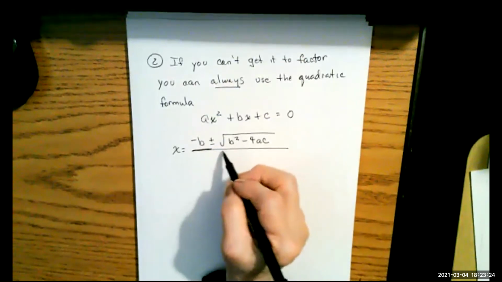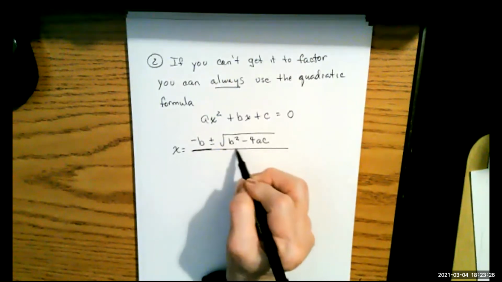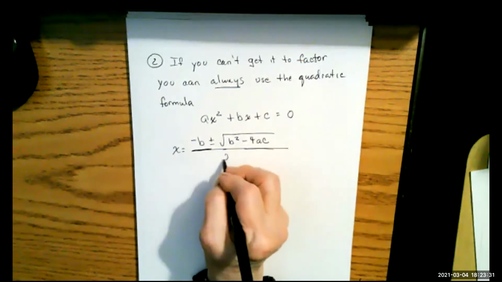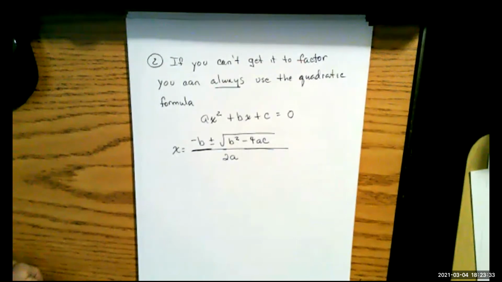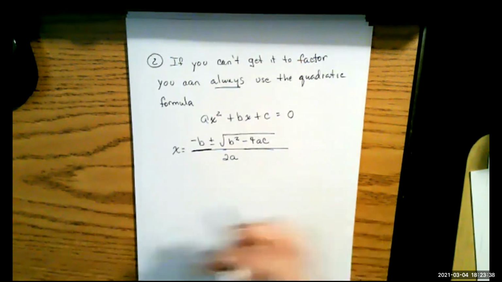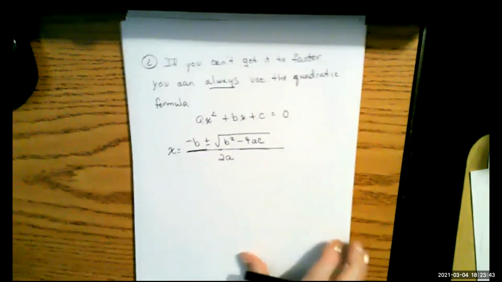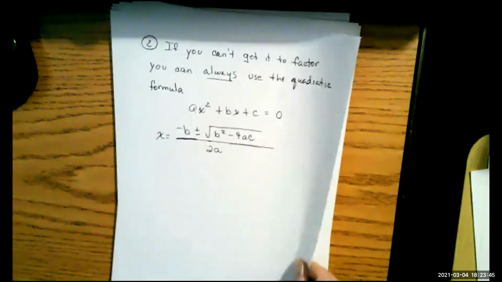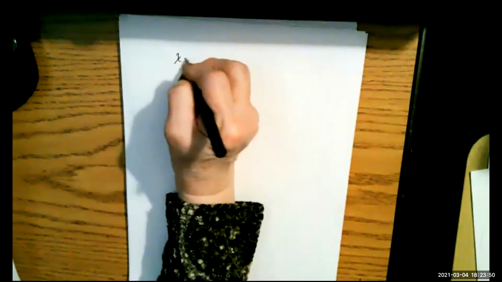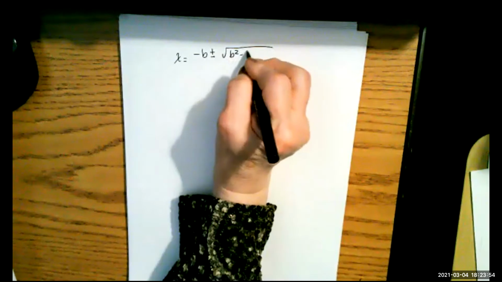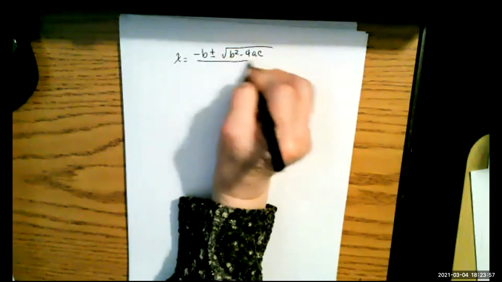A lot of my students want to just draw their line over the square root part, and you don't want to do that. You want to draw it over the whole thing. And it's 2a on the bottom. Now, make sure that when you substitute values in, you use parentheses. So let's look at one of these and see if we can do it. I'm going to rewrite my quadratic formula up here: negative b plus or minus the square root of b squared minus 4ac, all over 2a.